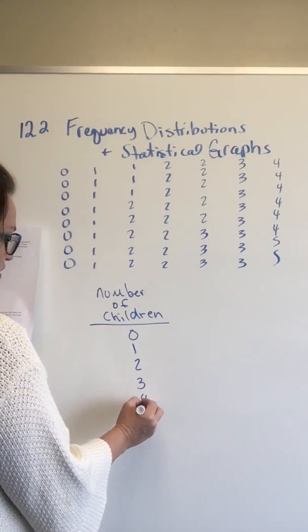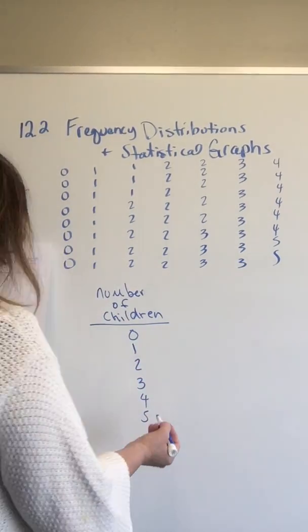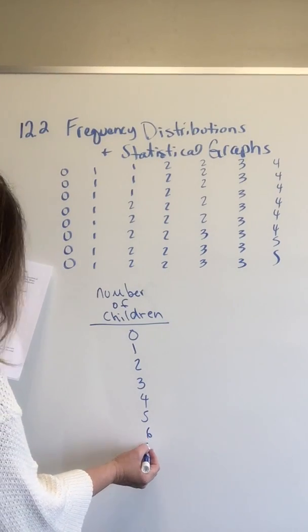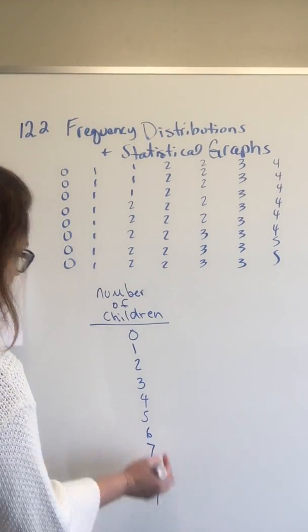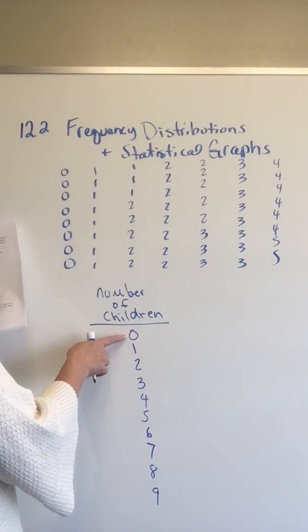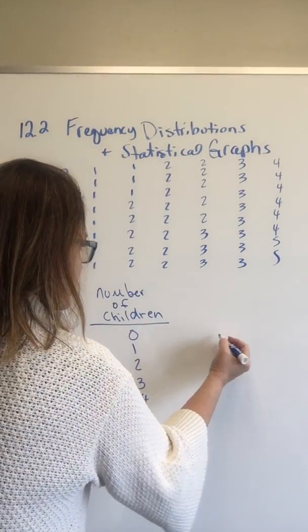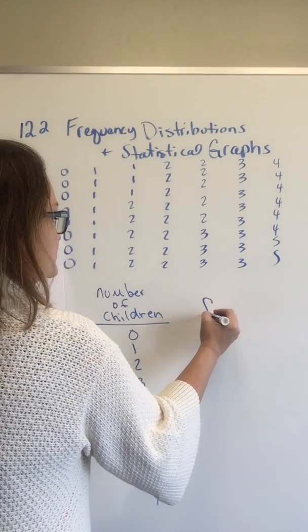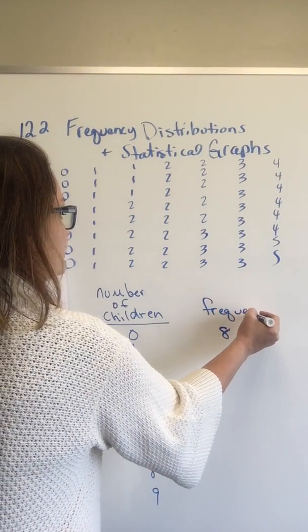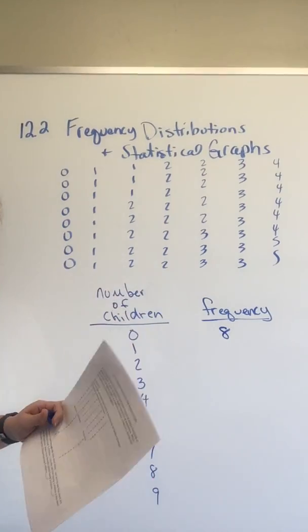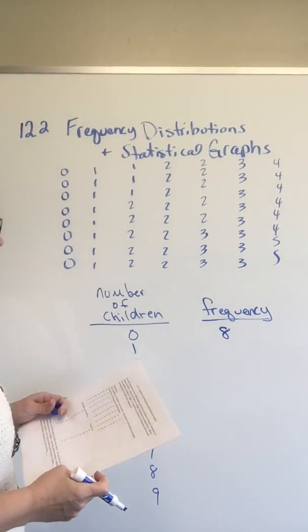There were responses for all of these, so I'm going to write all that down, and then count up how many people said what. So how many people said they did not have children? We got 1, 2, 3, 4, 5, 6, 7, 8. So for 0 children, the frequency, how often that occurred, was 8.